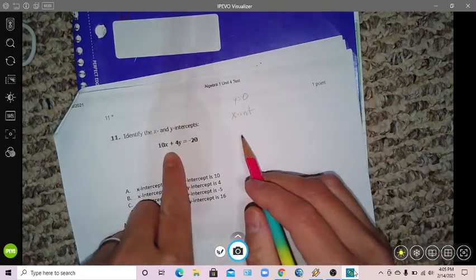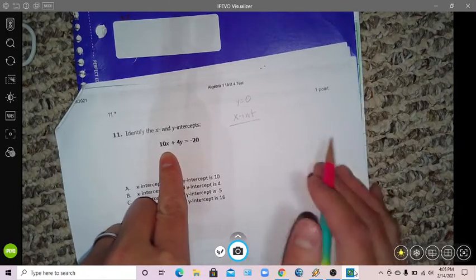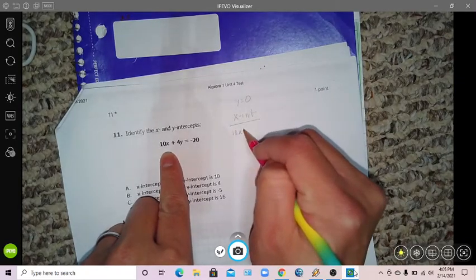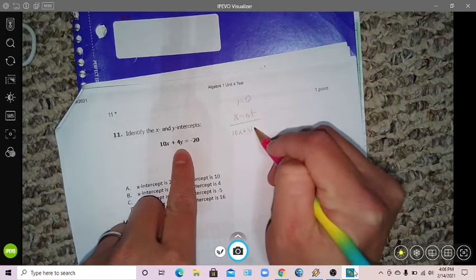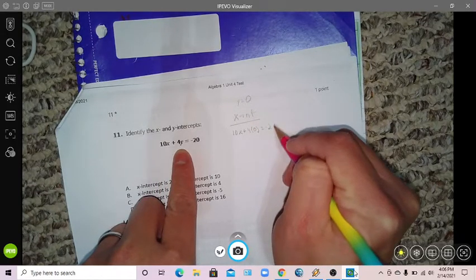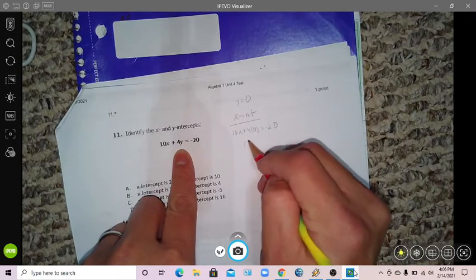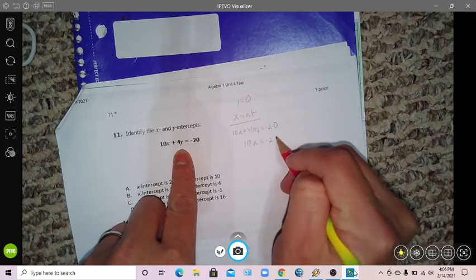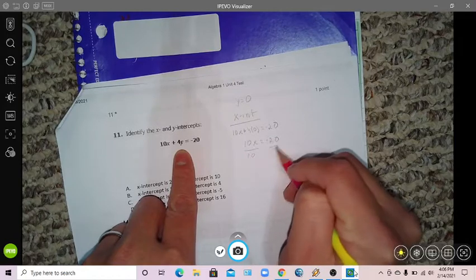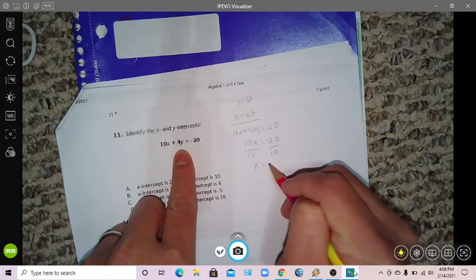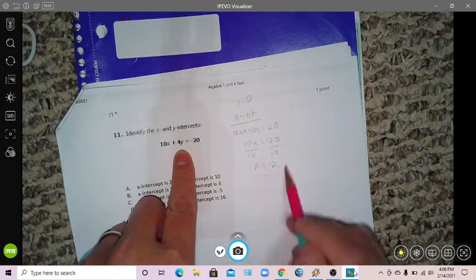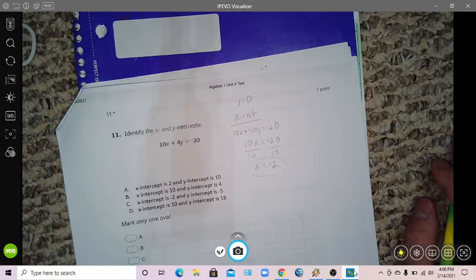So for this equation, for the x-intercept, I get 10x plus 4 times 0 equals negative 20. 4 times 0 is 0, so I get 10x equals negative 20. Divide by 10, divide by 10, x equals negative 2. There's the x-intercept at negative 2.